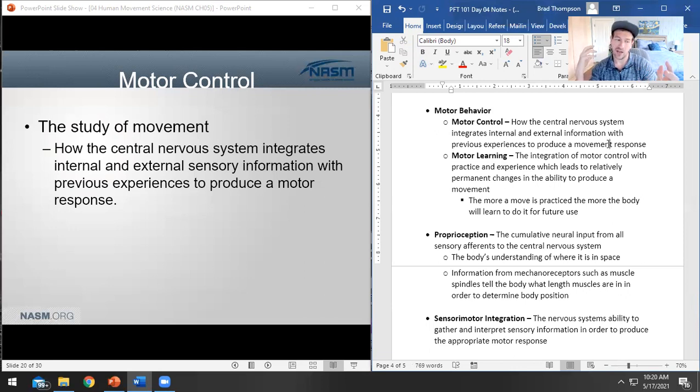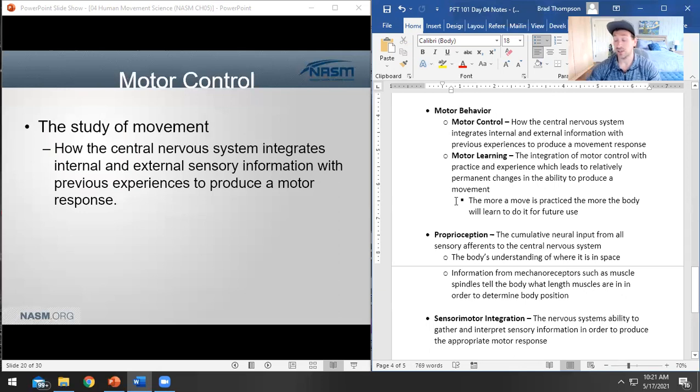And then we have motor information or motor response that goes back in the opposite direction to move whatever it is you're supposed to move in response. So all of that is your motor control, how your nervous system takes that internal and external information and goes, oh okay, the last time we lifted something that weighed that much, here's how much muscle we needed to lift it. And then boom, it recruits that much muscle.